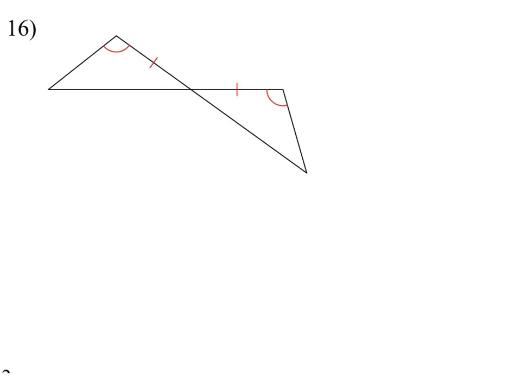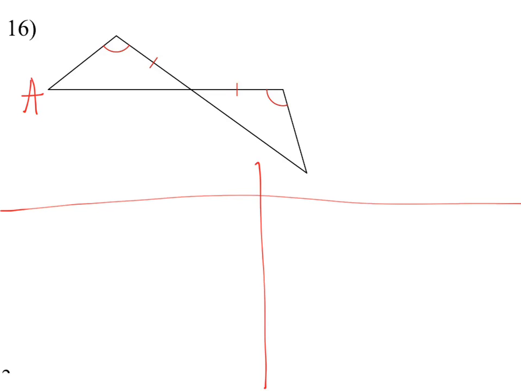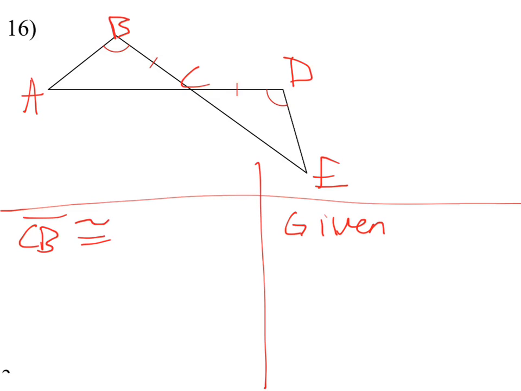And our last one here, again, get two columns going and add some labels A, B, C, D, and E. E looks like a great letter. I know these sides match up because it's given. It's right in the markings. So CB is congruent to CD.